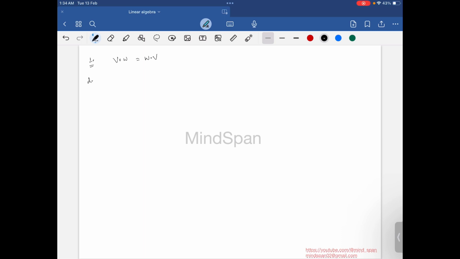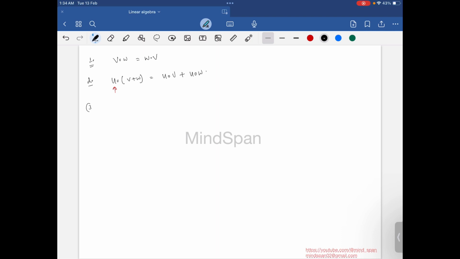And u dot (v plus w), right? So you can distribute this u to v and w, right? And that will be equal. So that will be u dot v plus u dot w, right?